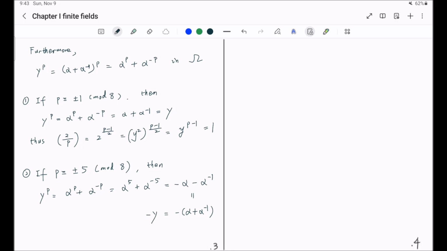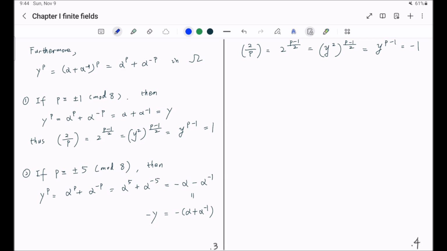And now, it follows that the Legendre symbol of 2 mod p, which is 2 to the power p minus 1 divided by 2, which is y squared to the power p minus 1 divided by 2, which is y to the power p minus 1, is equal to negative 1 here.